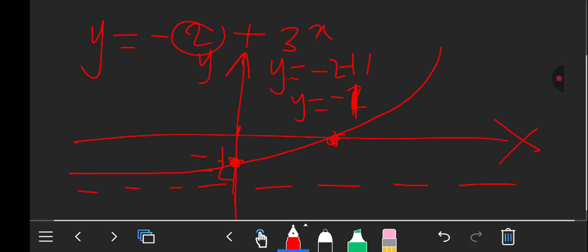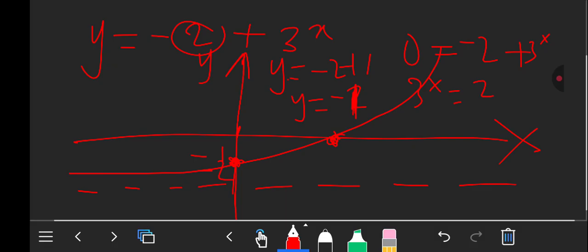Then at the x-axis, you equate y to be 0 because in the x-axis, y is equal to 0. So you say 0 is equal to negative 2 plus 3 to the power x. What you're going to have is that 3 to the power x is equal to positive 2.